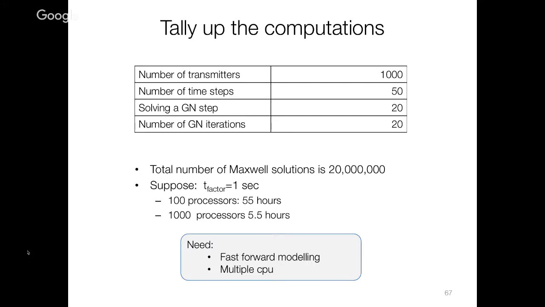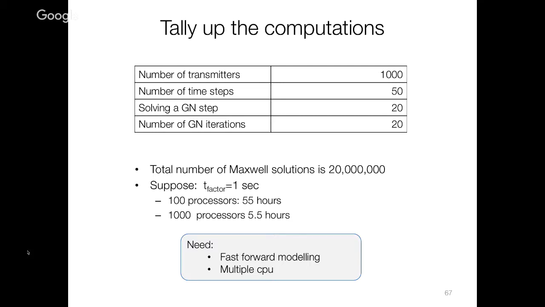The thing that's challenging for our electromagnetic problems, and is even more challenging for the seismic problem, is just how many forward modelings you need to do and how expensive it is to actually do that forward modeling.